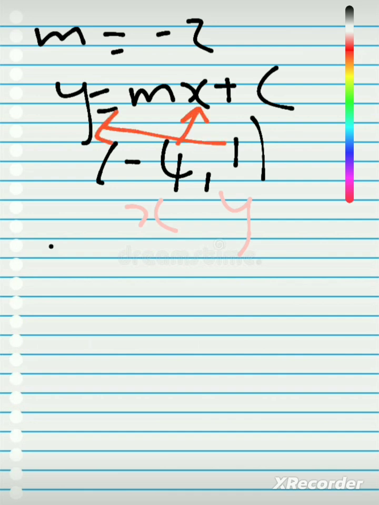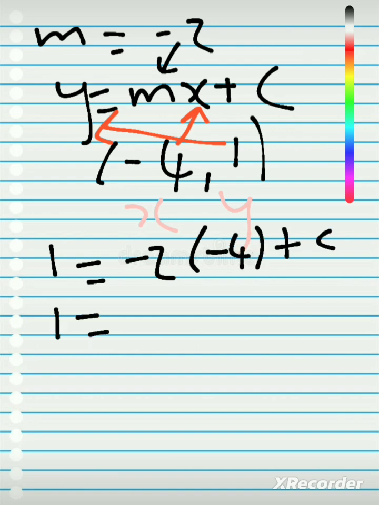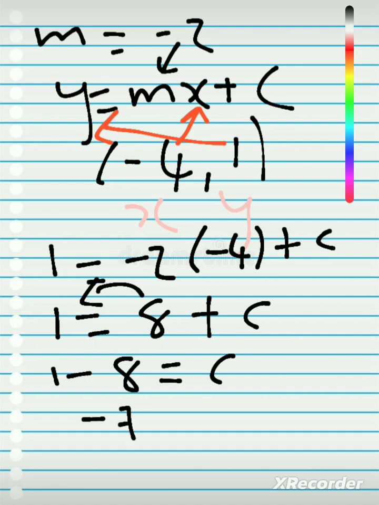So we're going to have 1 equals m is negative 2, x is negative 4, plus c. So it's going to be 1 is equal to negative 2 times negative 4, it's 8 plus c. Okay, so 8 can come this side. It becomes 1 minus 8 equals c. Negative 7 is our c. Therefore, the equation is y is equal to negative 2x minus 7.